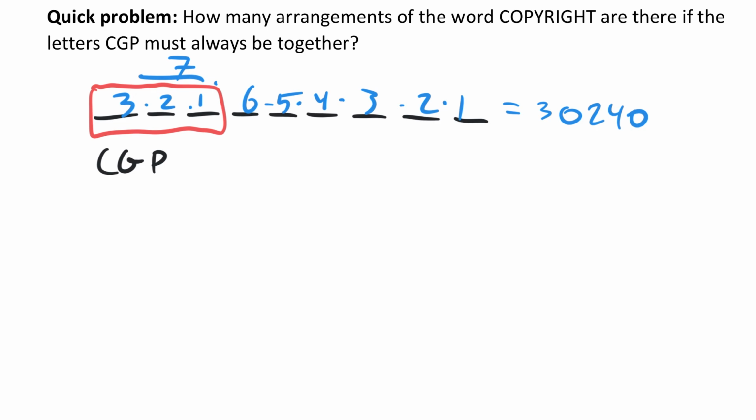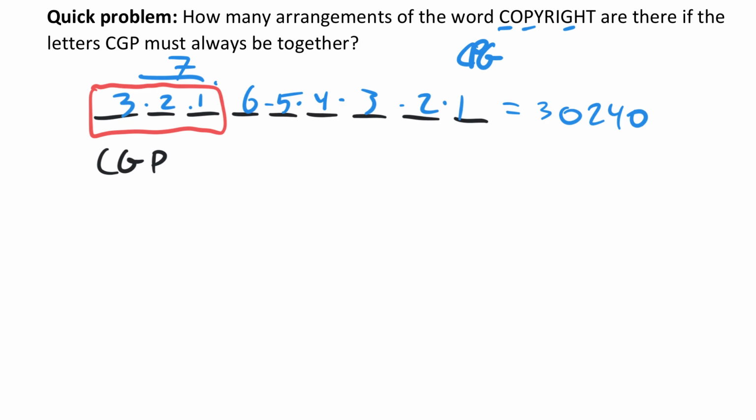Now again, if you're wondering why I start at 7, look here in our word. There's a total of 9 letters. So we take our 9 letters, but we take the C, the G, and the P and glue them together into CPG, some super letter here.